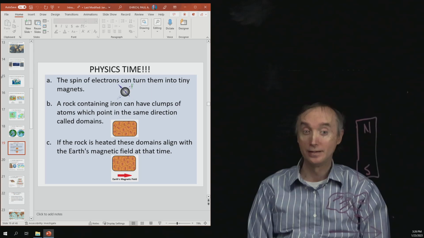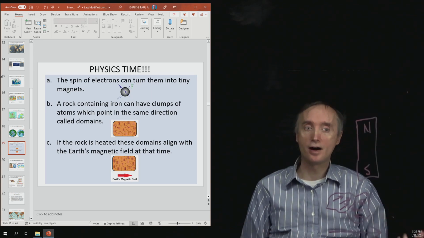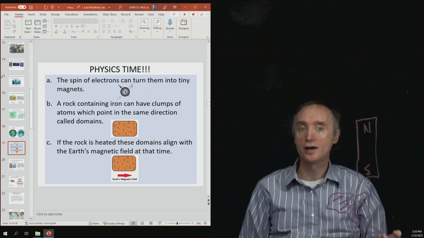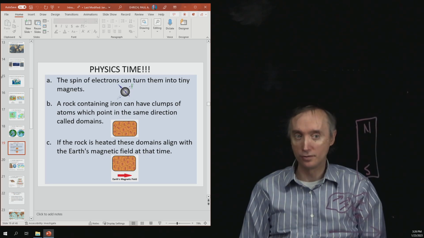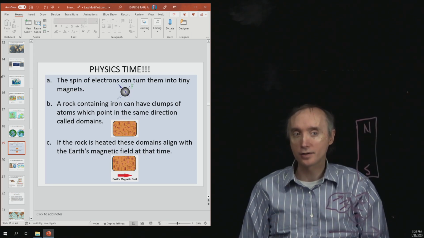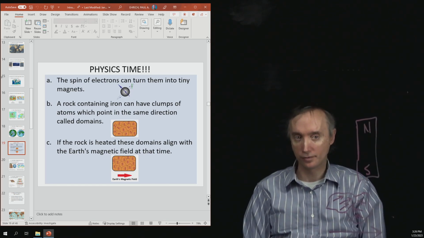Now, there's lots of iron inside the earth, lots of nickel, and so these materials can get incorporated into the minerals that make up the rocks that make up the inside of the earth.